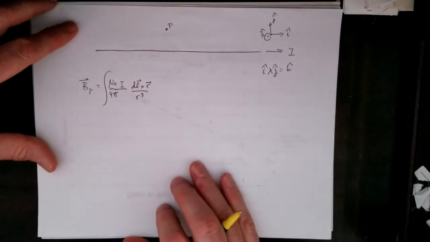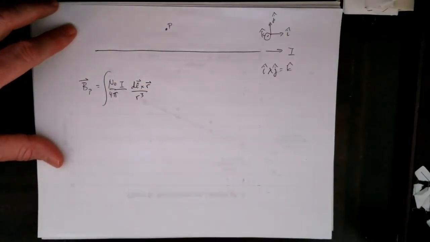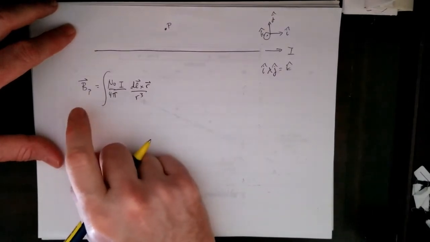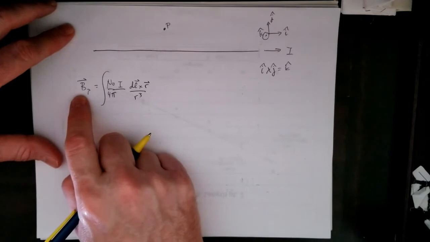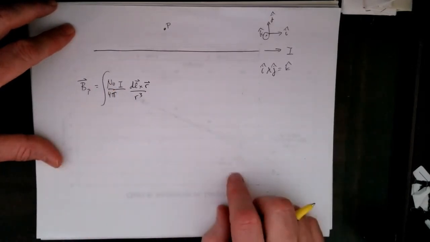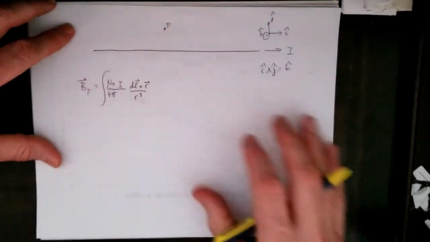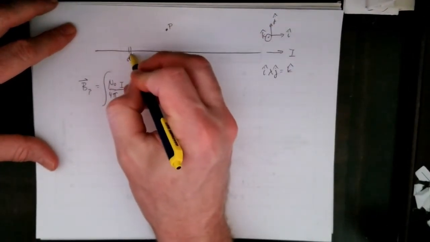I don't have a single variable, so I don't want to put limits of integration onto it yet. Remember, the formula I told you in the previous video was the differential of B, and that's why the integral is here now, and I don't have the differential part there. So what I'm going to do, as I do with so many of these, is take a small little segment here, dl.